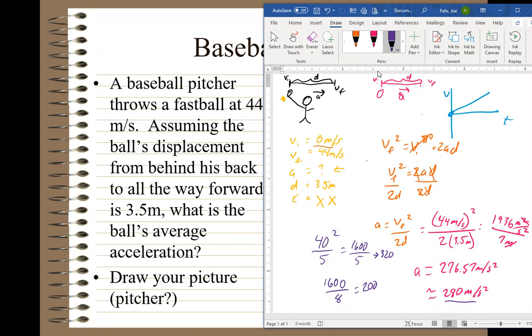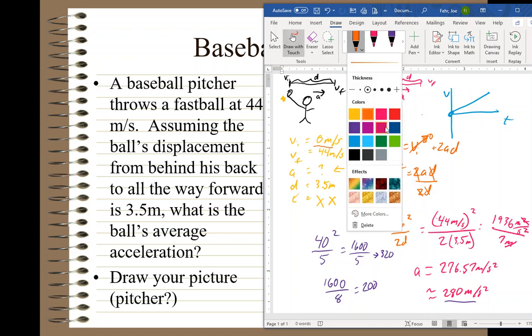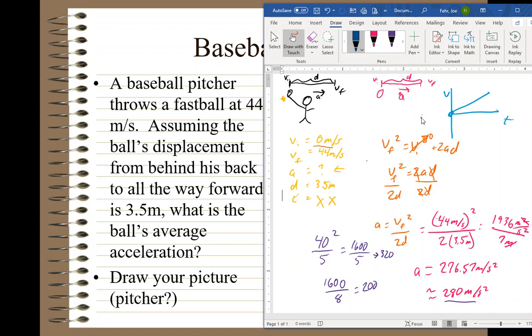This is also referred to as PIES sometimes. What I mean by PIES, that's an acronym. PIES stands for picture, and then information, and then equation, and then solving or solution.